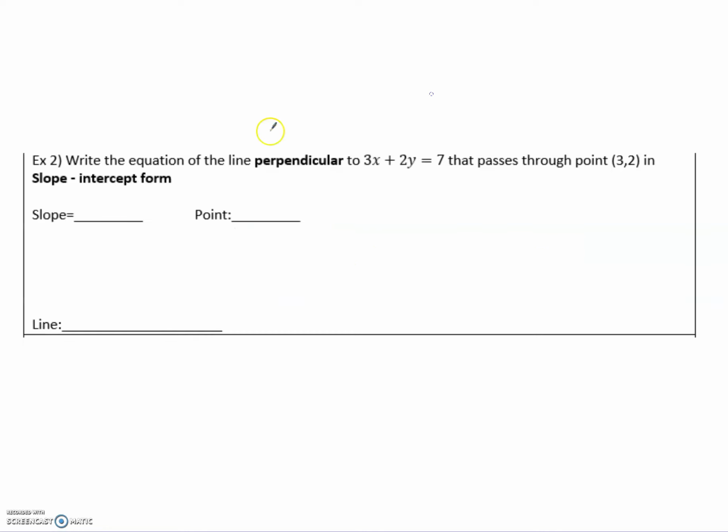Okay, now for the next equation, I need to write a line that is perpendicular to this line. First of all, I need to figure out what the slope of my original line is. Right now it's in standard form, so I need to solve for y. When you solve it, you get 2y is equal to negative 3x plus 7, and you divide by 2.